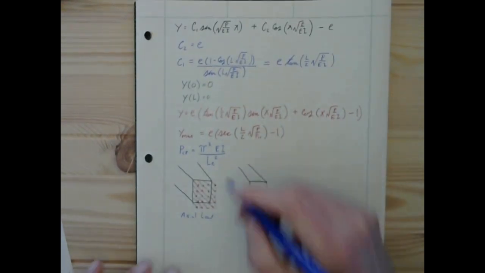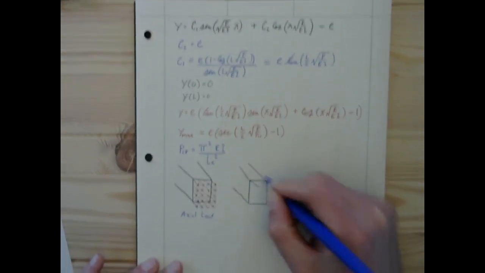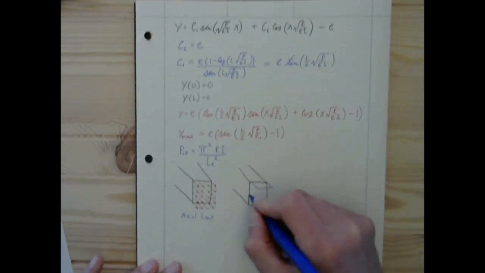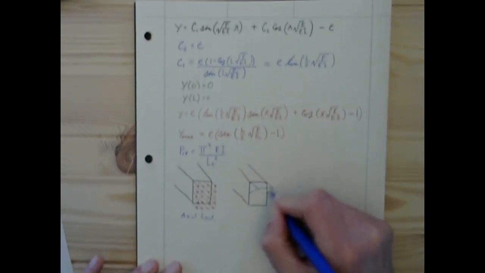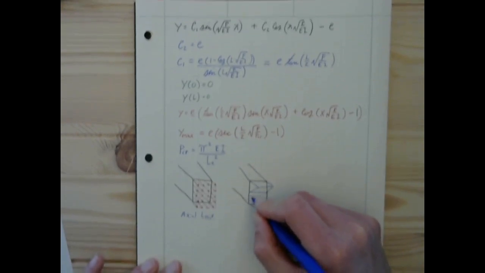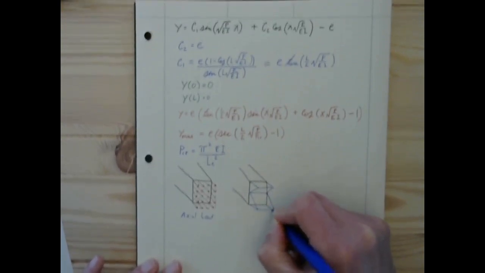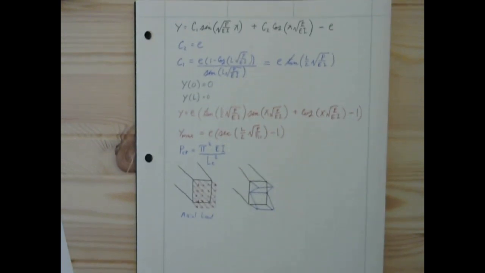It's going to be high on the extremities, and it's going to be 0 at the center.